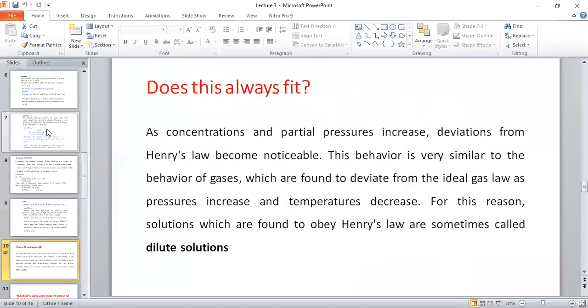So how does this always fit? As concentrations and partial pressures increase, deviations from Henry's law become noticeable.